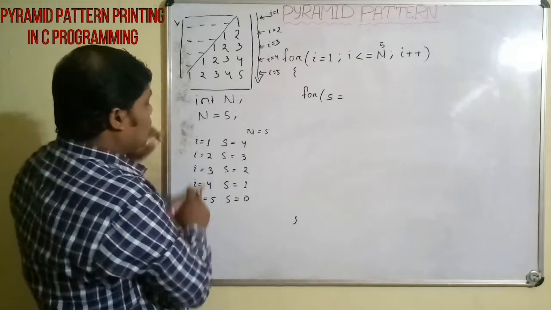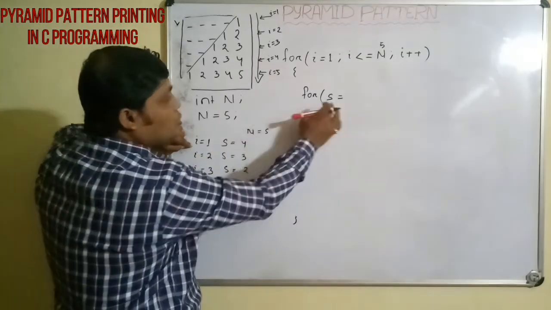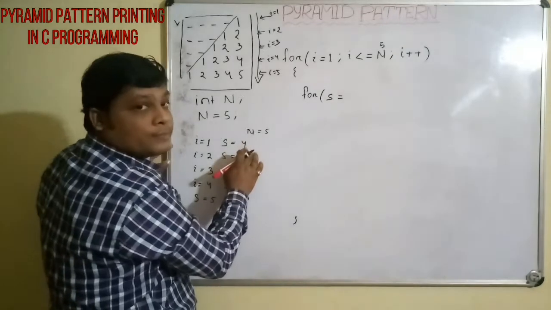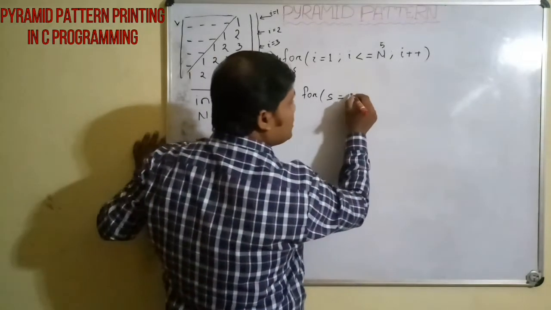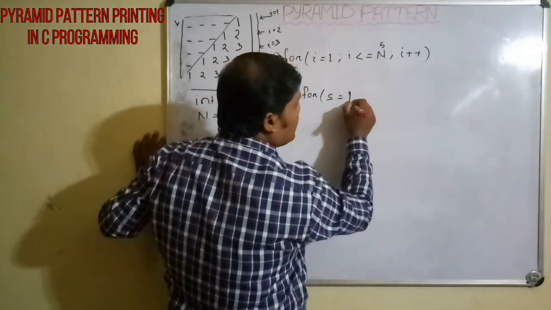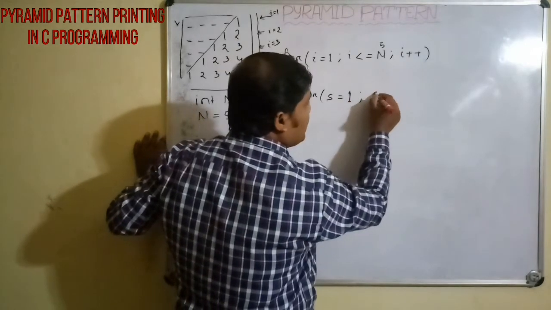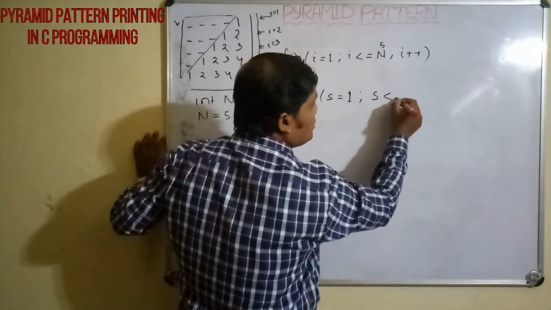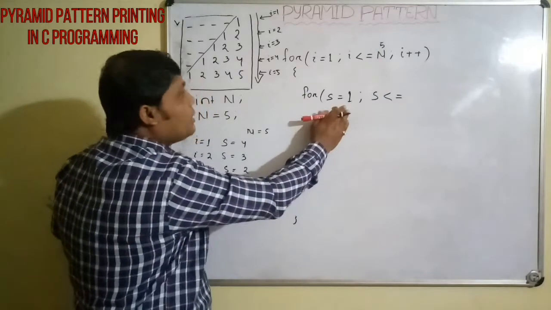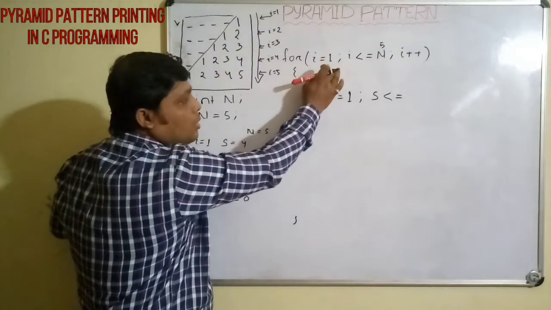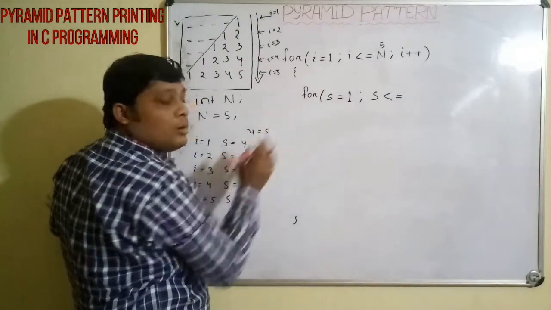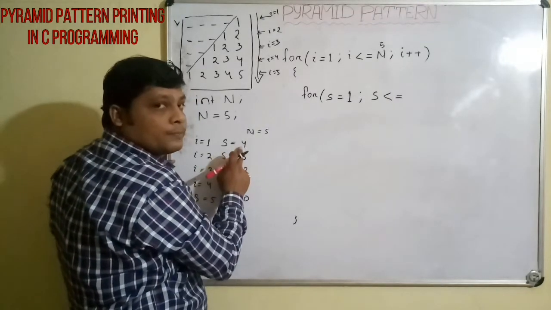That means when I equal to 1, this space loop will continue for 4 times. If I start the space loop from 1, then S will end at such a value that for the first line, when I equal to 1, this loop will continue for 4 times.